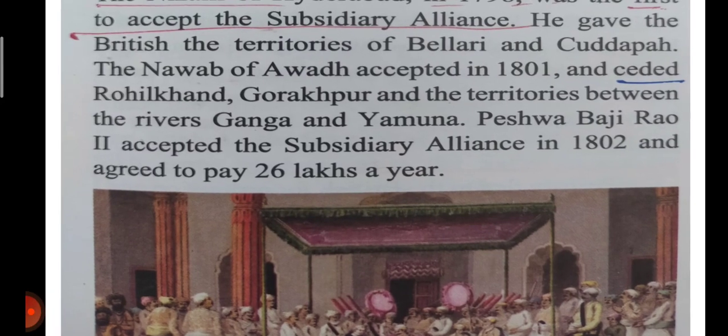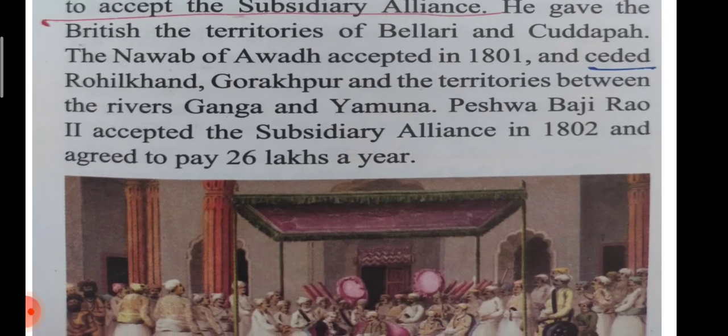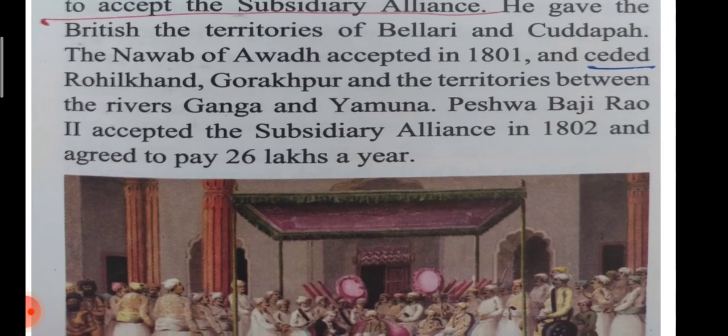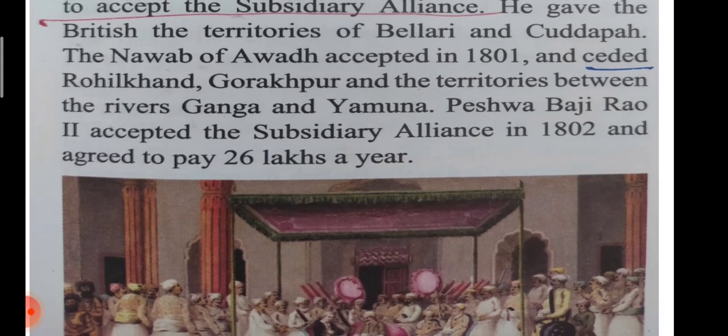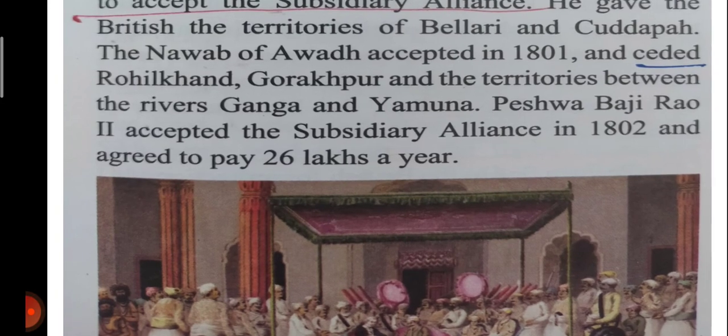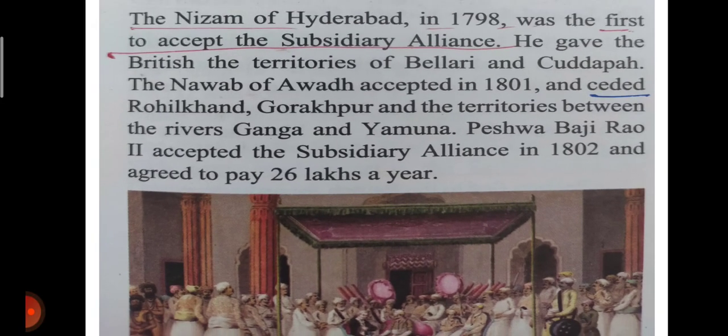Peshwa Bajirao II accepted the subsidiary alliance in 1802 and agreed to pay 26 lakh a year. You can see here in the last picture.